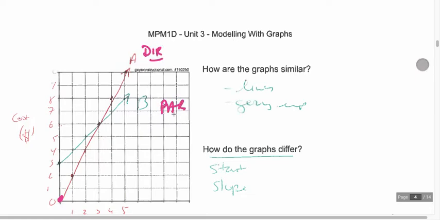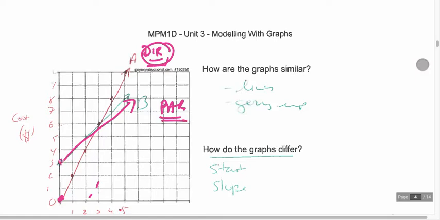Partial variation varies partially due to the independent variable. So what happens here is it already has a fixed cost. It already is $3. And then it changes as time goes on. This one starts at nothing, and it only changes depending on how much you use it. So direct variation changes completely by the independent variable.